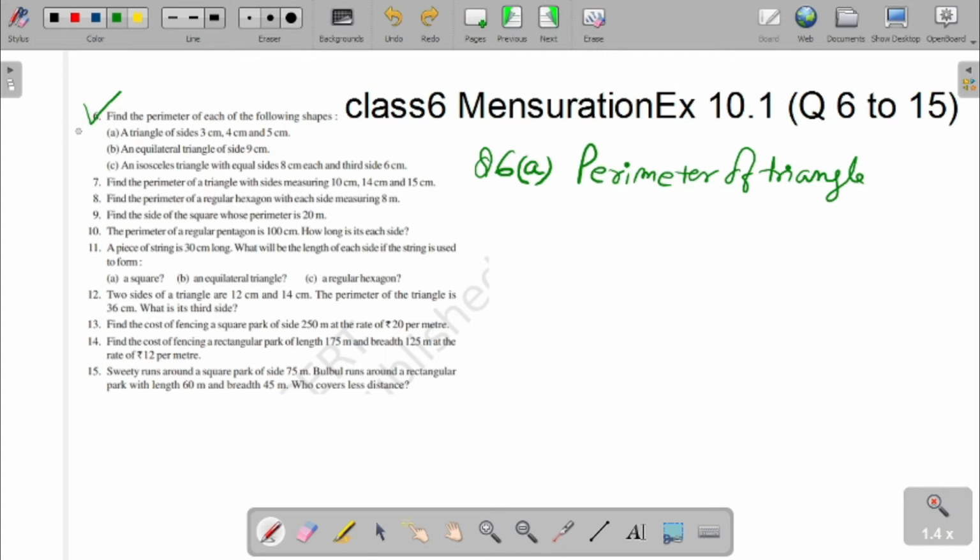In this question you can see, perimeter of each of the following shapes. A triangle of sides 3, 4 and 5. So perimeter of triangle is equal to 3 centimeter, 4 centimeter and 5 centimeter.